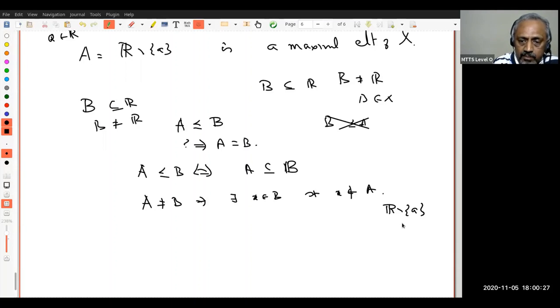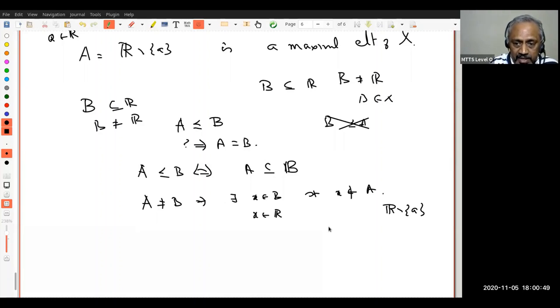And now x is an element of B, therefore x is also an element of R, because B is a subset of R. Therefore, there is an element x in R which is not in R minus {a}. There is only one possible element, namely that x must be equal to a.